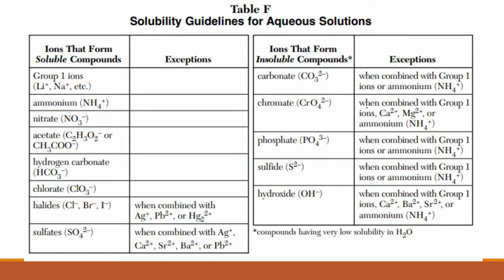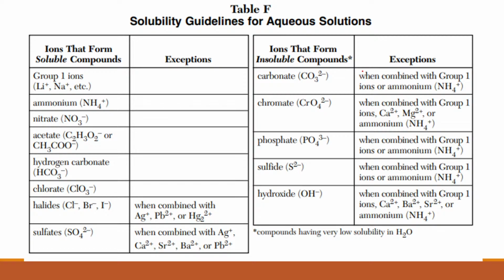On the other side of Table F, our conditions are reversed. These things are normally insoluble. They normally do not dissolve in water. But if you pair them with their exceptions, they do dissolve in water. Now the exceptions column is a little bit more packed than it was before.